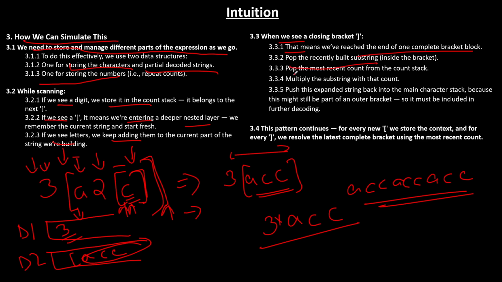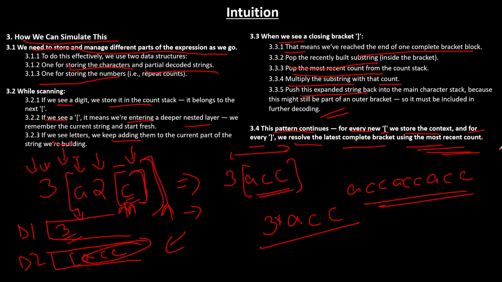Then we pop the recent count from the count stack. Then we multiply the substring, and then we push the newly created expression again into the string stack. Now this pattern continues for every new starting bracket and closing bracket. We resolve the latest complete bracket using the most recent count.